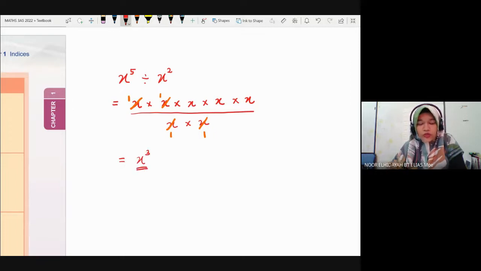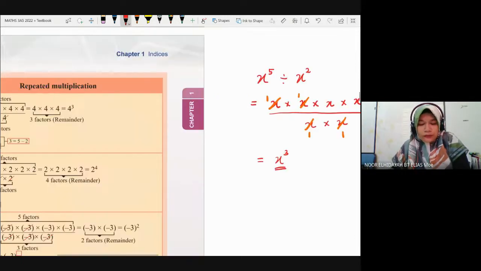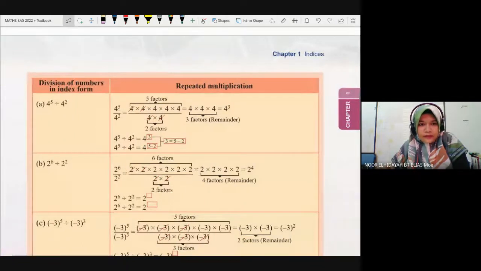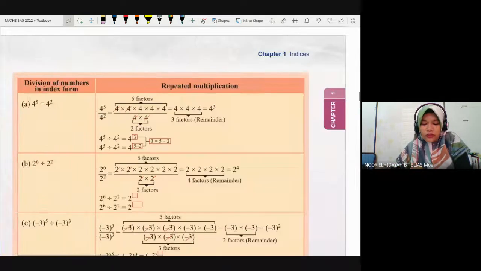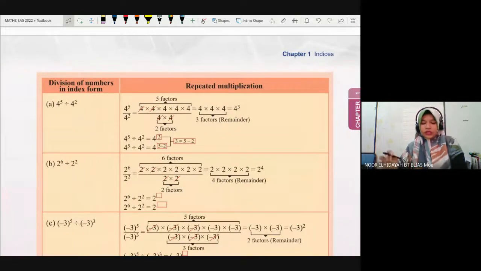This one what you have learned in algebraic. Okay, apa yang dah belajar semasa algebraic. Now we apply in the law of indices. Okay, the law of indices kita nampak kat sini, bila 5 minus 2 akan dapat 3. Means that okay, when it involve divisions of index form, okay, the law is you will subtract the index.